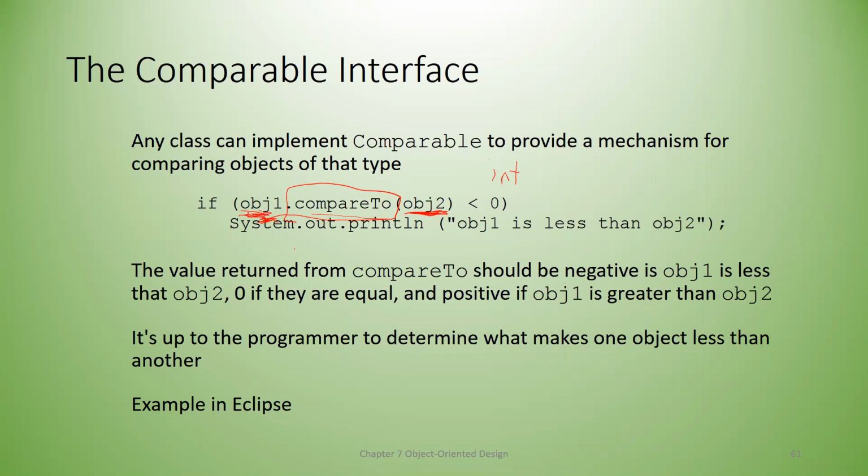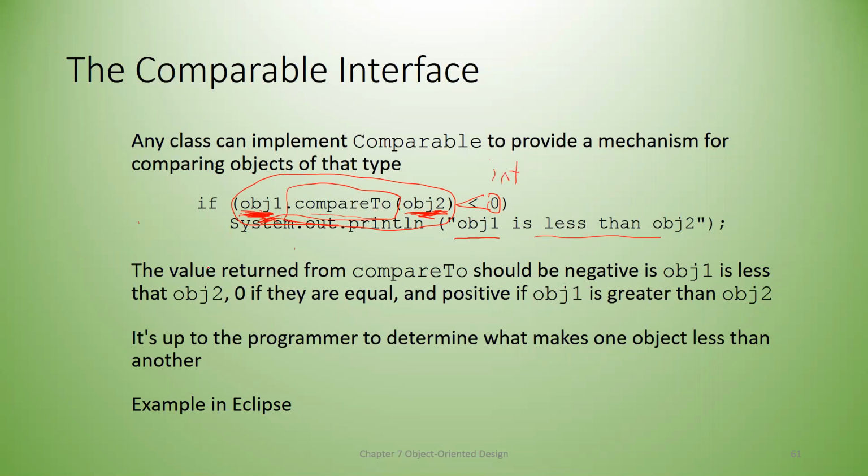If object 1 is less than object 2, it will return a negative number. So that's why here, if this returns a negative number, that means it's less than 0. Then you will say object 1 is less than object 2.